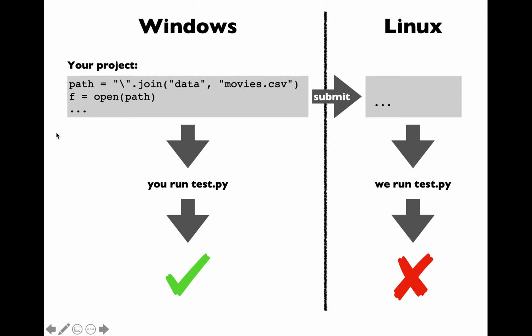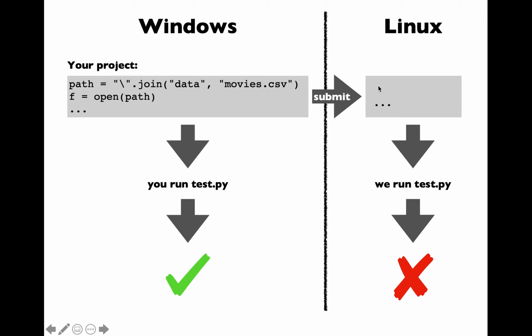You have either hard coded the backward slashes within a variable which is storing the path to that particular file, or you're using the string method join to join parts of the relative path with this particular backward slash here. You're going to execute your project code within your laptop. You will run test.py, everything will pass, and you will get 100% score.